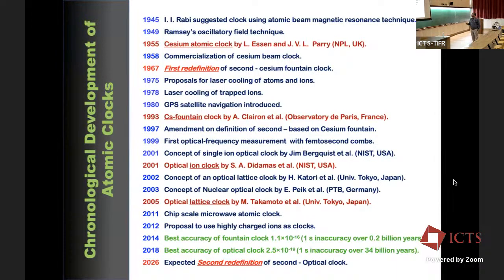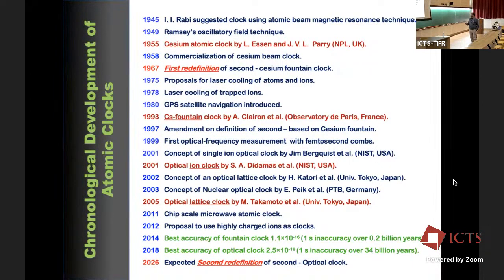Then in 1955, the cesium atomic clock was invented at NPL UK by Essen and Parry. And within 3 years, that was commercialized. So this small box that I was showing you was available in 1957-58, by Hewlett Packard at that time, HP.